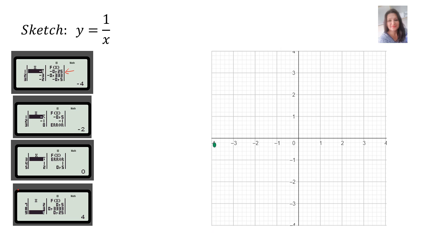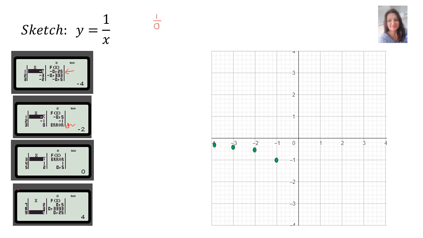Then -3 and -0,33, -2 and -0,5, -1 and -1. And then there's a 0 and an error. When you have 1 divided by 0, that is undefined, so your graph doesn't have a value there at 0.